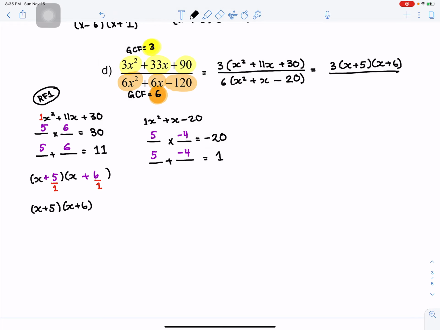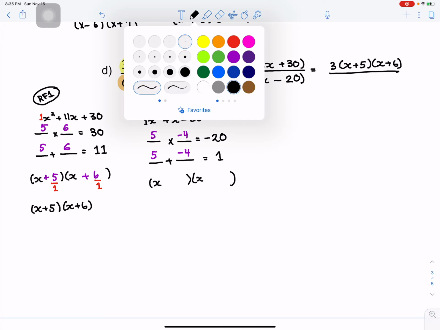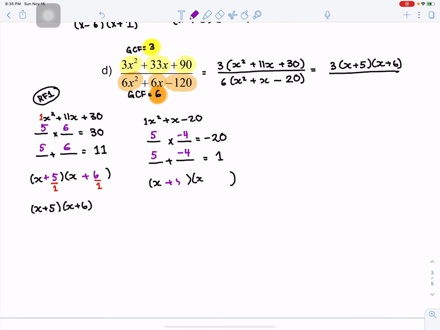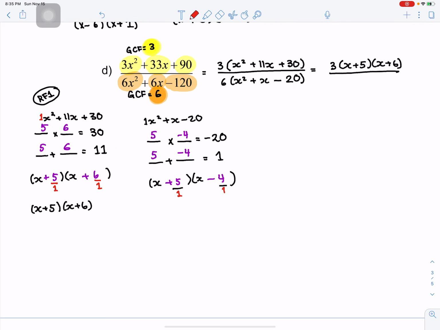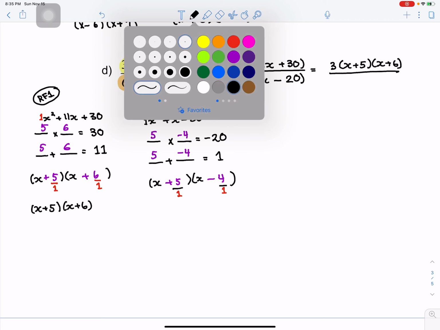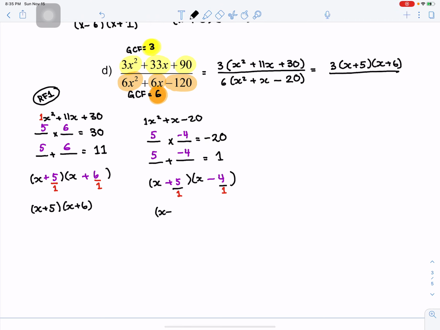You come back and you start your bracket. X, X. I'm going to do my plus 5, my minus 4, and I want to divide both of these by my A value, which is positive 1. So I get 5 divided by 1, which is 5, and minus 4 divided by 1, which is minus 4. And there's my factored expression for the bottom.